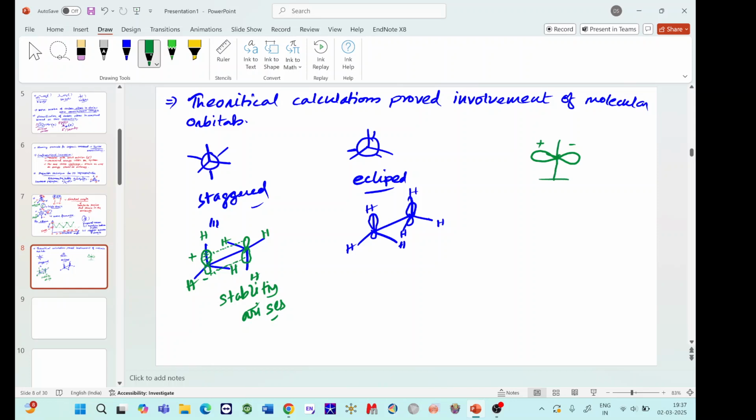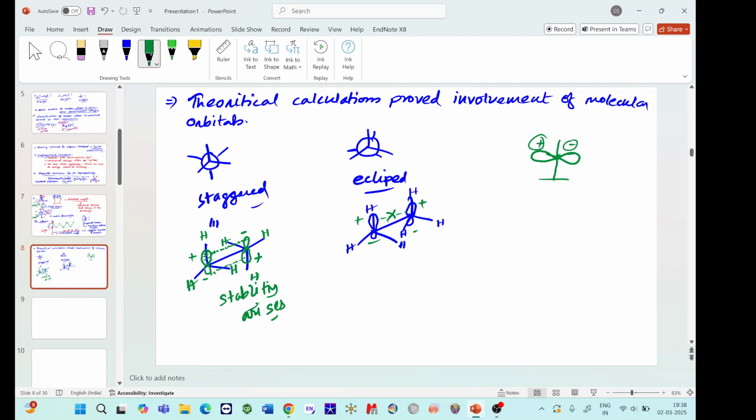So this is positive, this is negative, this is negative, this is positive. That is why they have some attractive interaction. But here all have the same phase. This is called the phase of a wave function. So here it doesn't have this much interaction. This is not possible because they are the same phase. Same phase repel, opposite phase can interact like that.